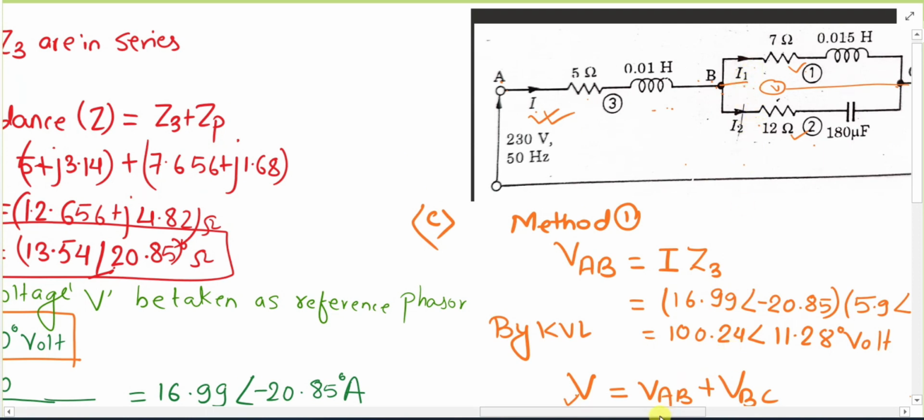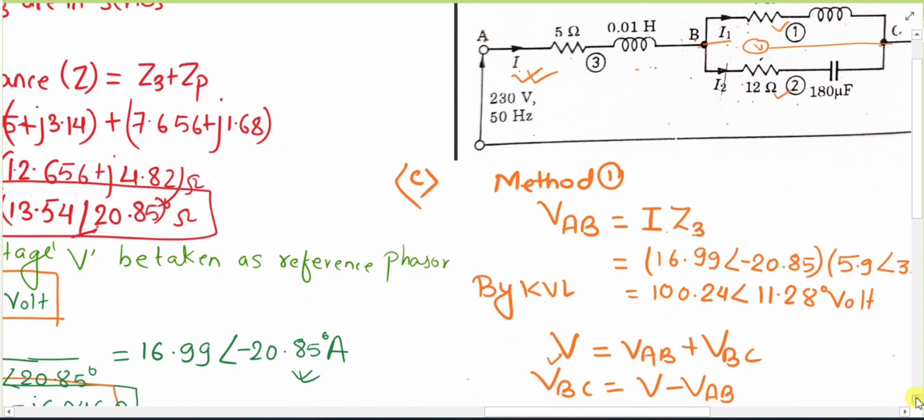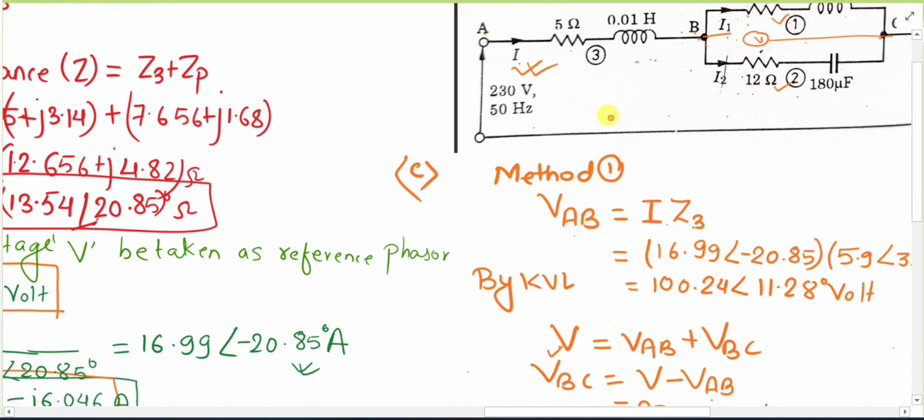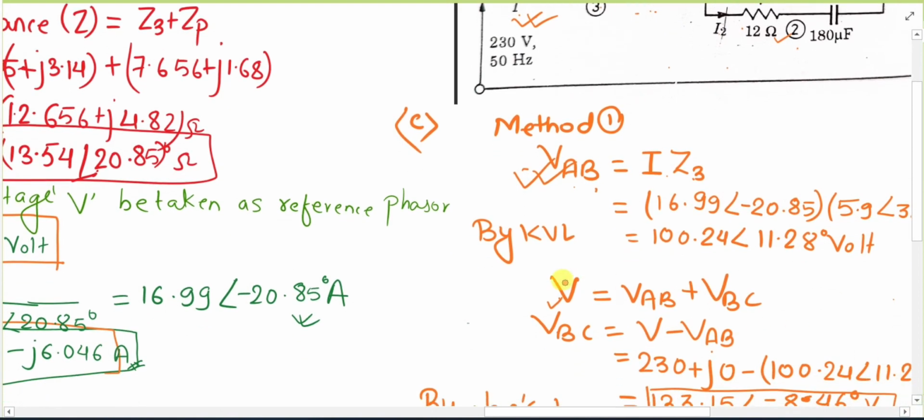For that purpose we identify the voltages, because these two are in parallel connection. I1 into Z3 we know, and you also know the current flowing through it, so it's easy to find the voltage drop across AB. Then you already have the total voltage. Using KVL, total voltage is equal to the voltage drop across the impedances.